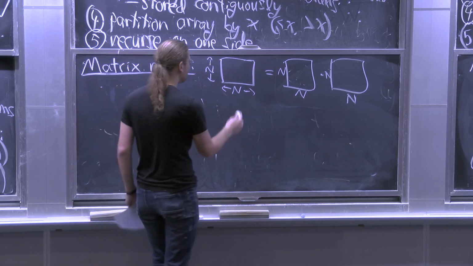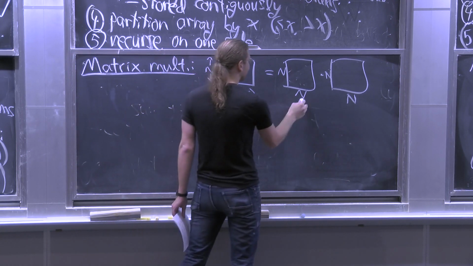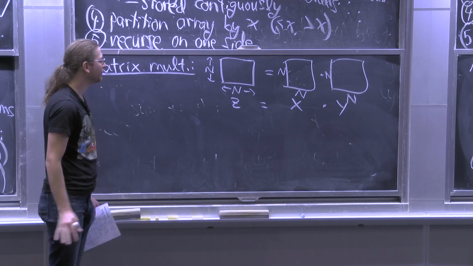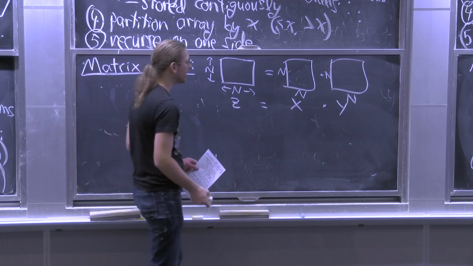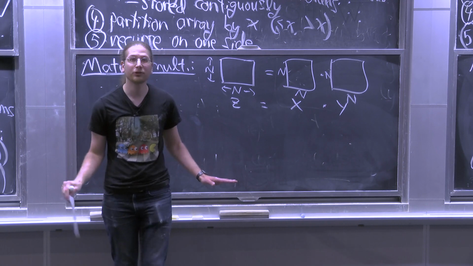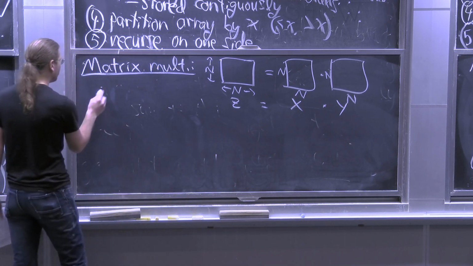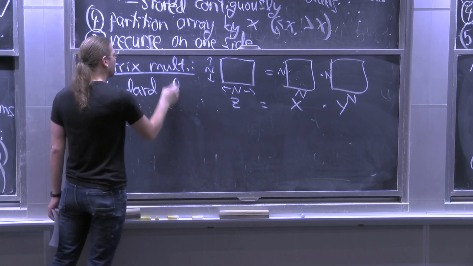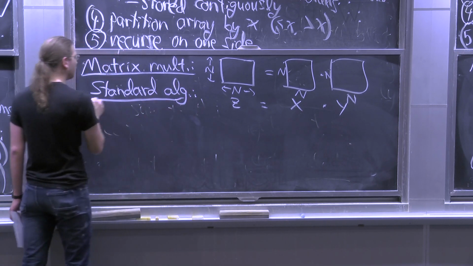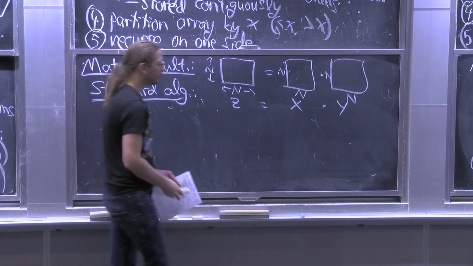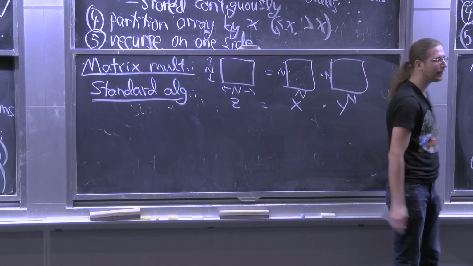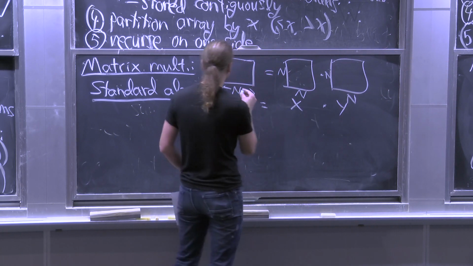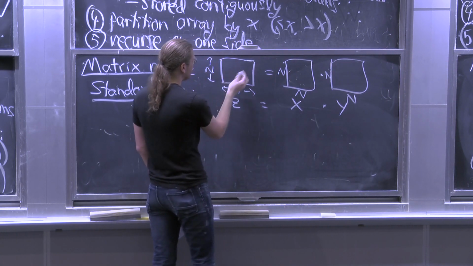So this is going to be Z equals X times Y. Hopefully, that doesn't conflict with anything else, but no B's. All right, so let's start with the standard algorithm. Let's start by analyzing that, because if you're reasonably clever, this standard algorithm is not so bad.